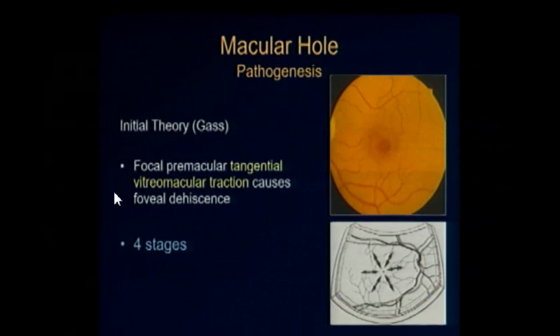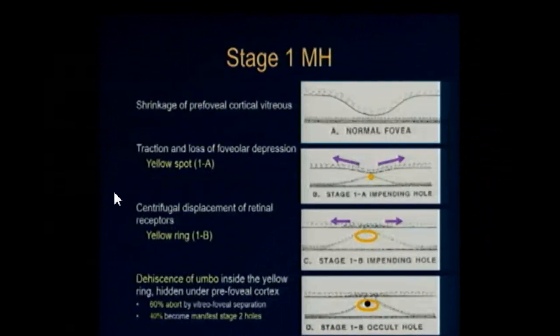Right? Instead of the foveal depression being like this, it's going to flatten, and then as the vitreous pulls sideways even more, the fovea will have a little hole in the center, and then it will become round. Okay? So this is the original thesis of Donald Gass, Allah yarhamu.